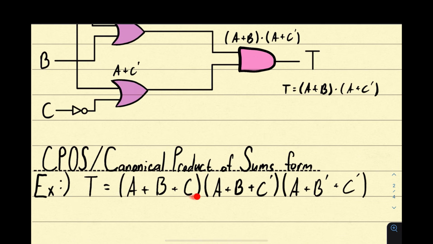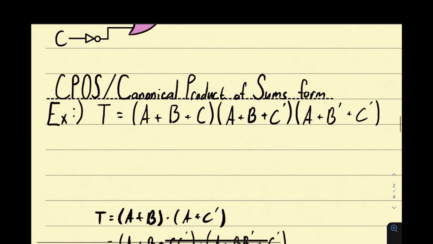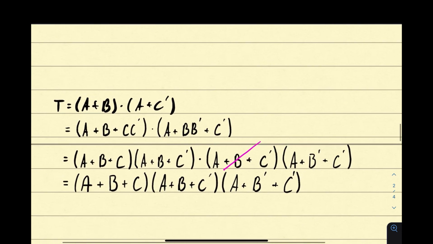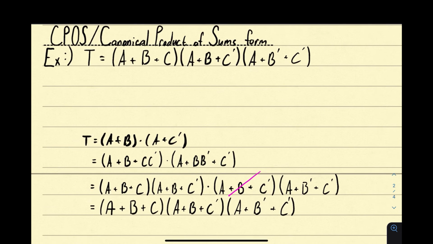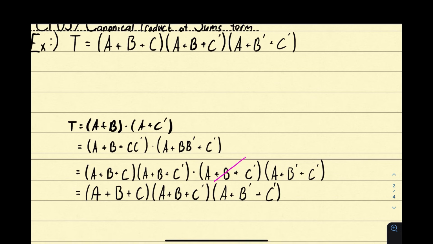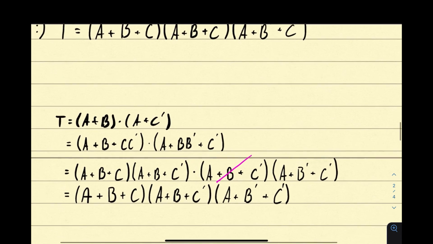So to get canonical product of sums form, it's not similar to how you can get canonical SOP form. So in SOP form, you distribute missing terms. I guess you can say in a similar way, you do the same here.